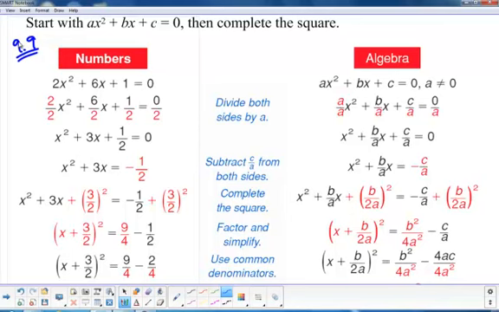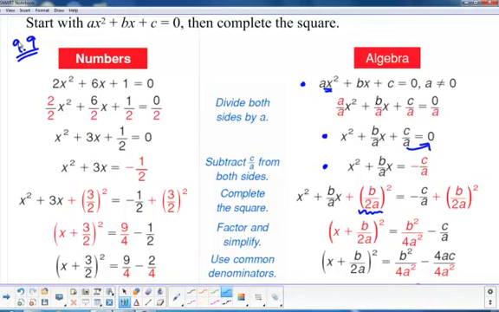So if you want to attempt to understand this, the first step of completing the square is to get the x squared alone. So everything's going to be divided by a. The second step is to set it equal to 0 because we're going to figure out where the two x-intercepts are. Once it's equal to 0, we're going to bring this over and figure out what we need to add so that we can complete the square.